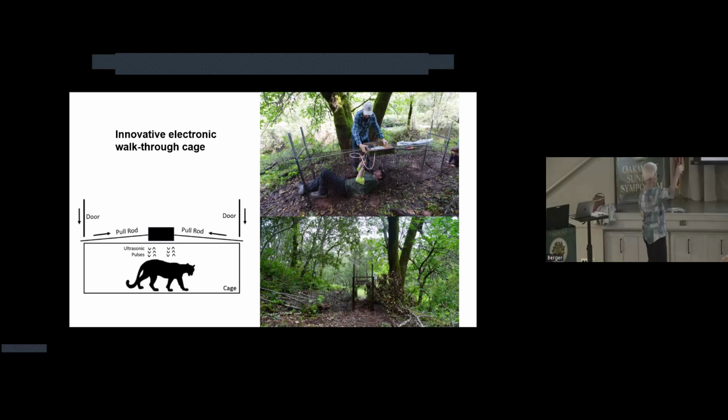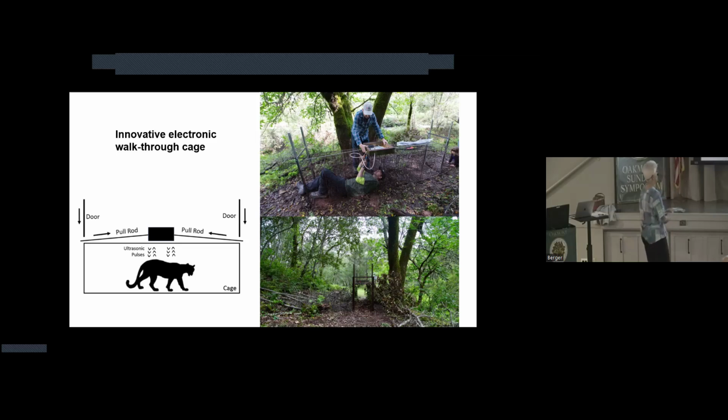And what they would do is, because of the camera images that we would get, and we've gotten really over like 3 million camera images of these cats, they would see that there was lion activity in a particular area. They would go set up one of these traps, hoping that a lion would come back and go through this.